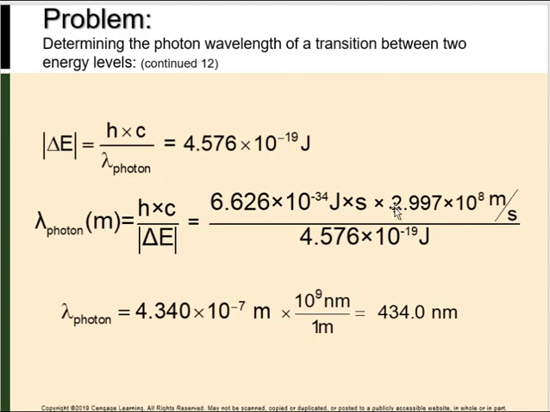So the wavelength of the photon cancels out my joules and seconds, and I'm left with meters. We get 4.340 times 10 to the negative 7th meters. To convert that into nanometers, there are 10 to the 9th nanometers in 1 meter, so we should get a wavelength of 434 nanometers.